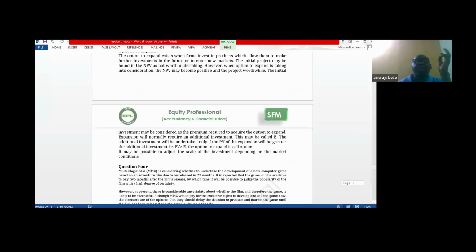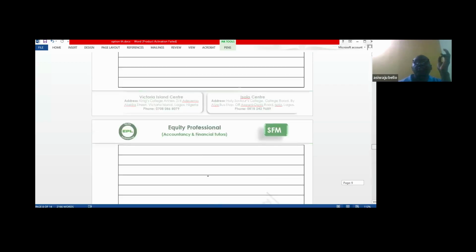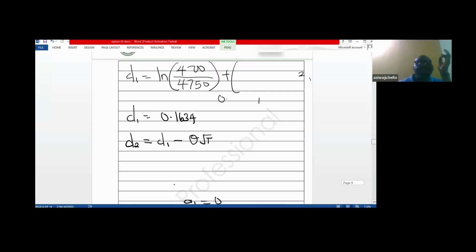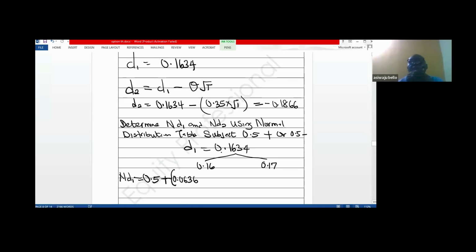You can return here. 0.16 will give me 0.0636. You have checked 0.16. We are left with 34. Bring that down, plus 0.34. Open another bracket. Now check 0.17.